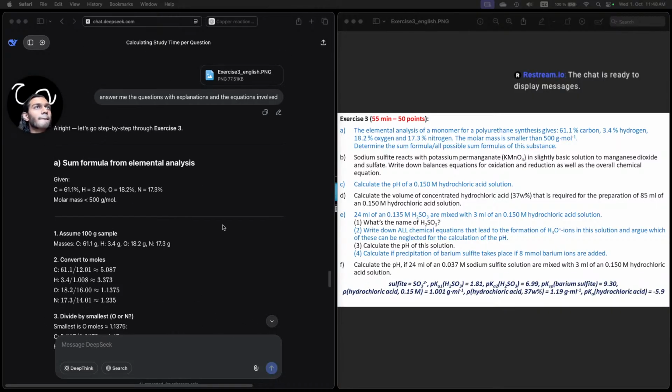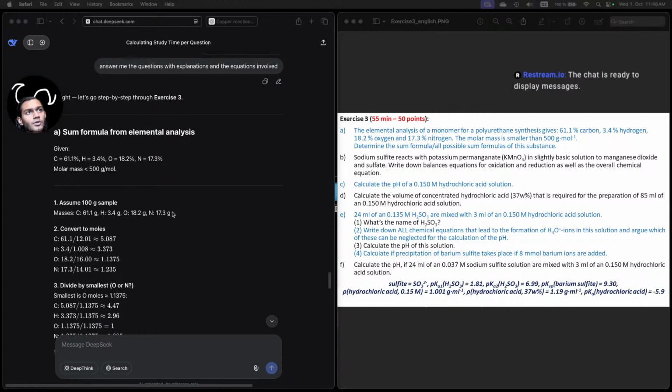For the first question, we got 61%. Now we take a 100-gram sample, divided by their molar mass to convert to moles.